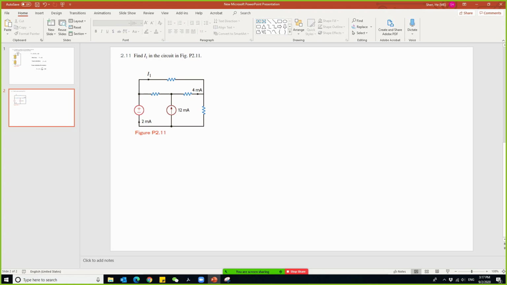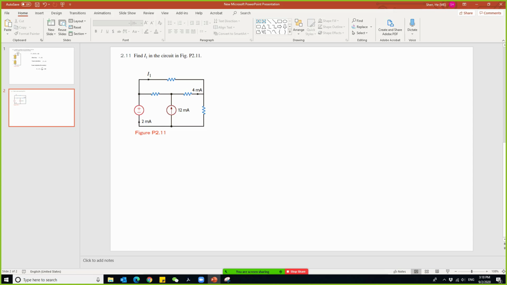Problem 2.11: find the current I1 in the circuit. Whenever we are looking for a current, at least from what we have learned in this chapter, you probably think about KCL, because KCL tells us the relationship between the currents connected through one node.